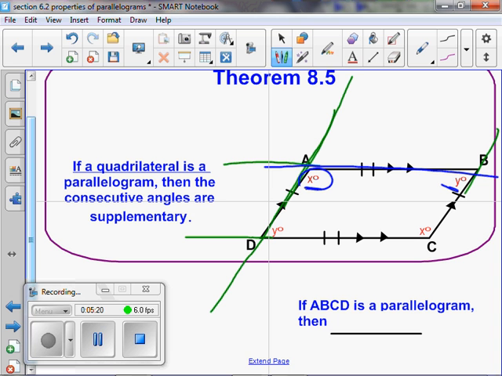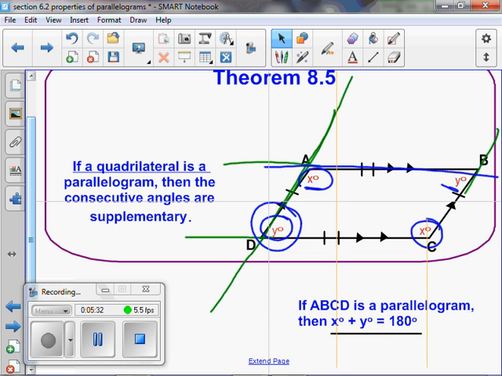X and y here, or x and y here, they're both going to add up to 180. So if ABCD is a parallelogram, then x plus y, no matter which x and which y you're talking about here, are going to equal 180. Okay, let's keep moving.